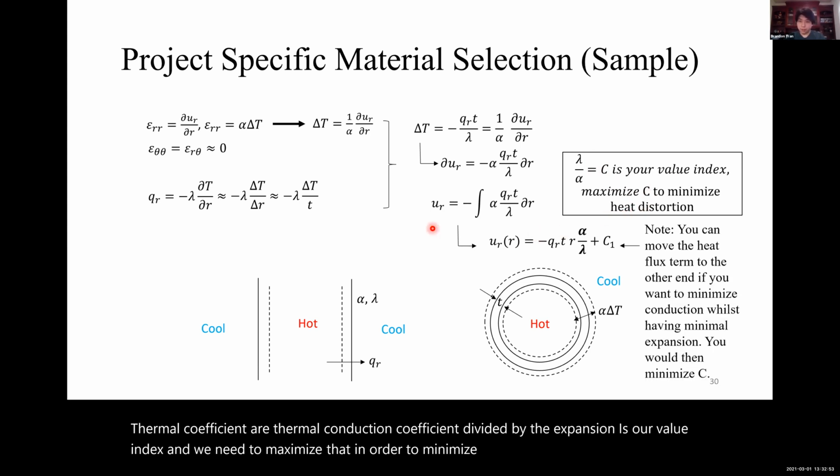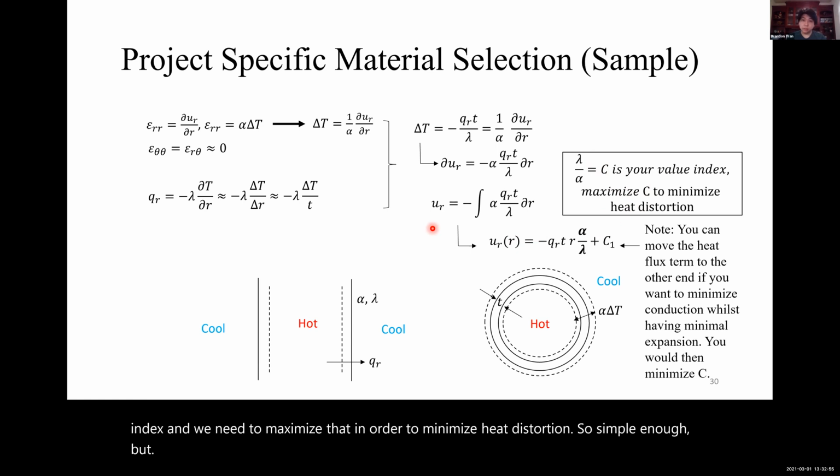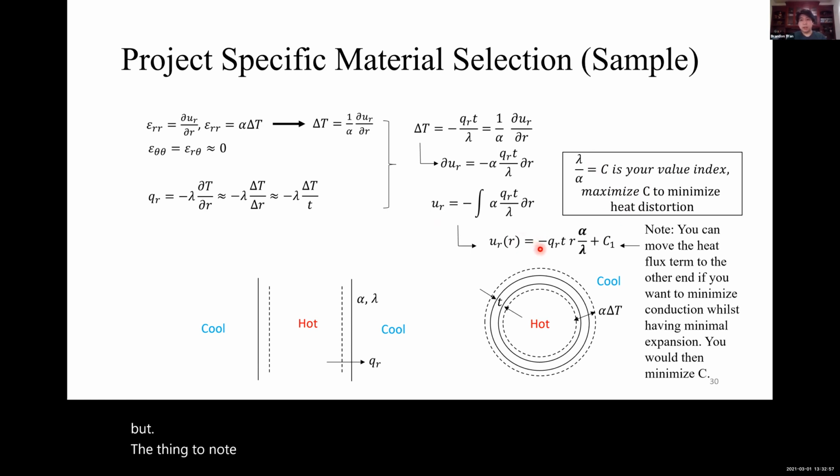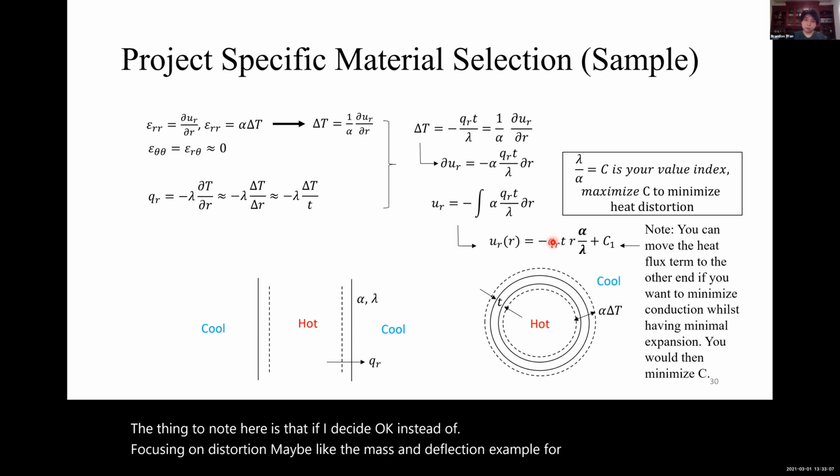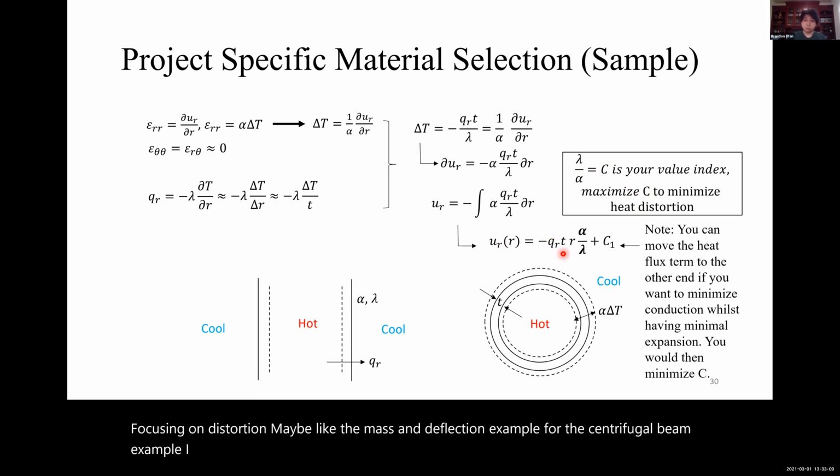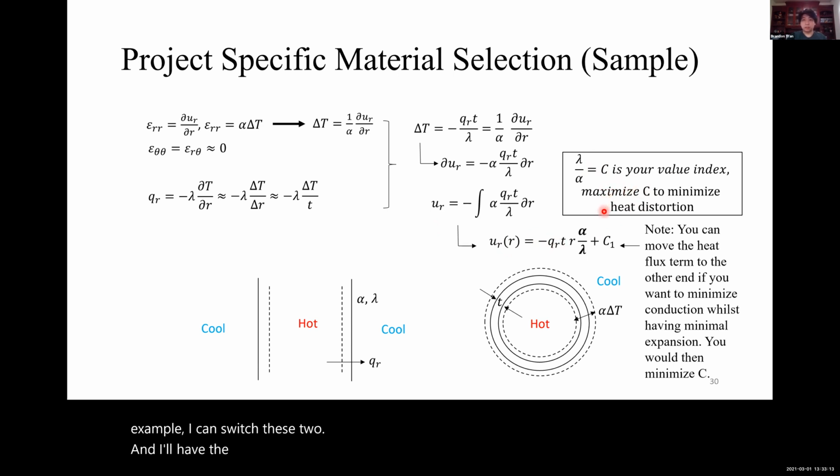So simple enough, but the thing to note here is that if I decide, okay, instead of focusing on distortion, maybe like the mass and deflection example, for the centrifugal beam example, I can switch these two and I'll have the same case where I have to maximize the value index. That's not the case here.